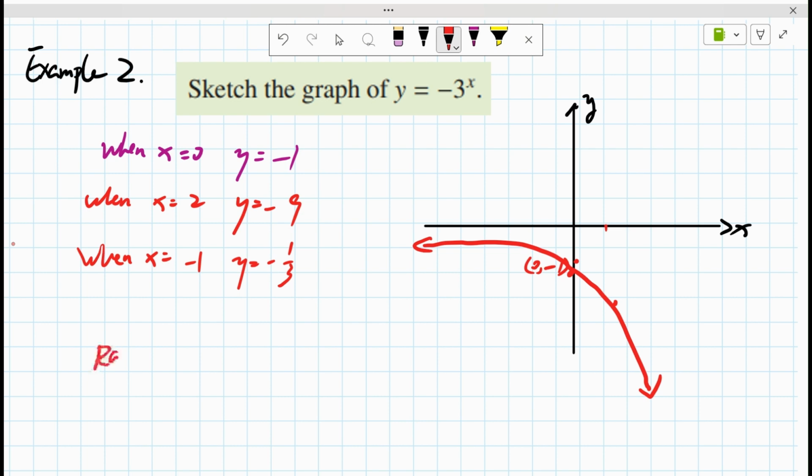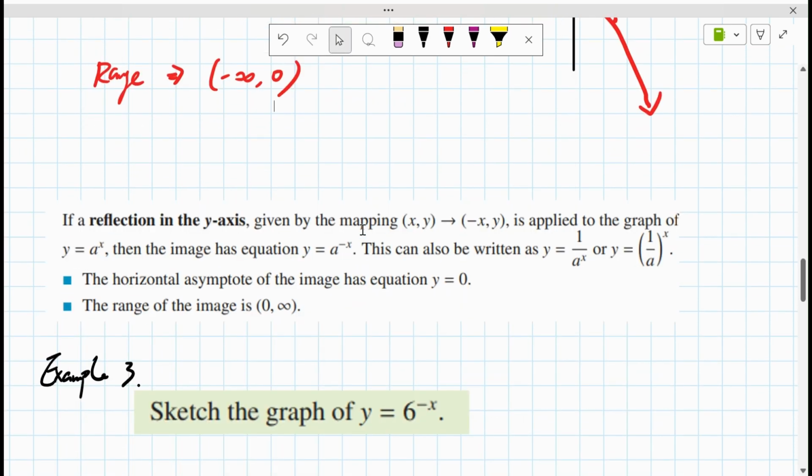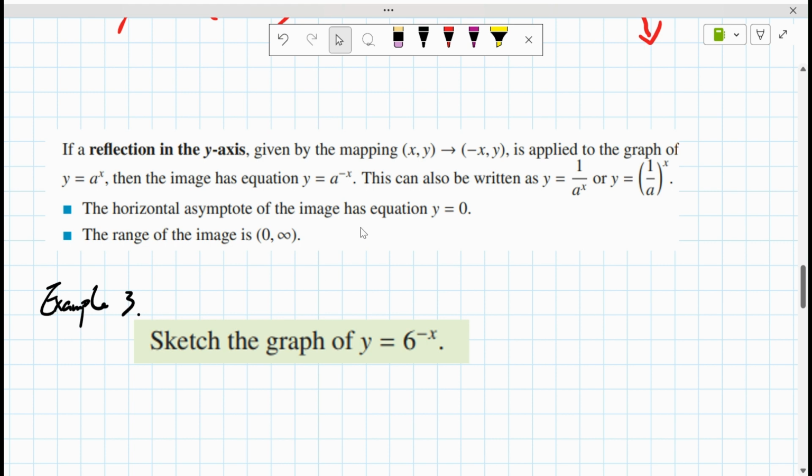And the range is negative infinity to 0, but not including 0. And now we're going to do something reflected by the y-axis.